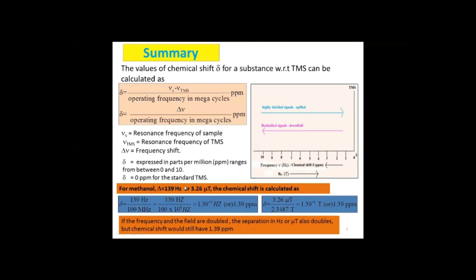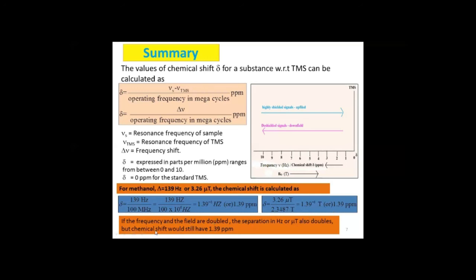Even if the applied frequency is doubled, the chemical shift difference also gets doubled. And if the applied field is doubled, the chemical shift difference also gets doubled. Finally, we get delta again as 1.39 ppm only.